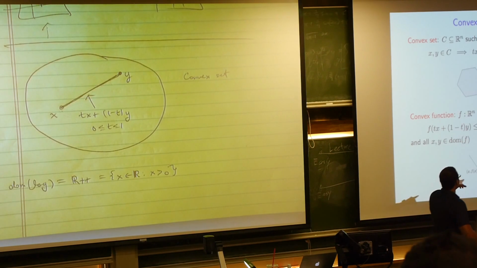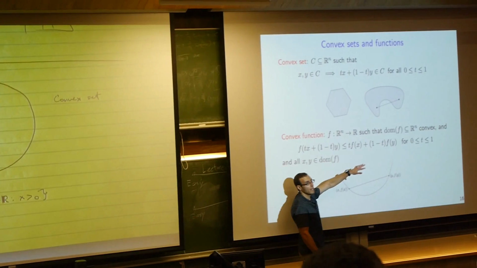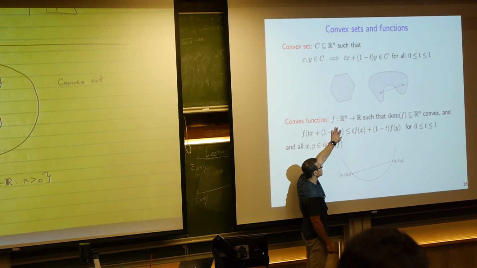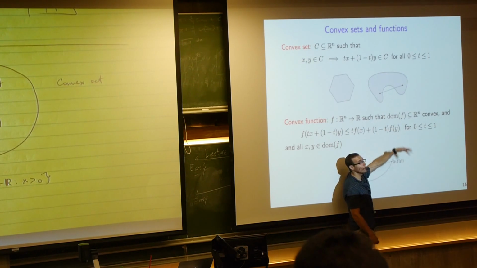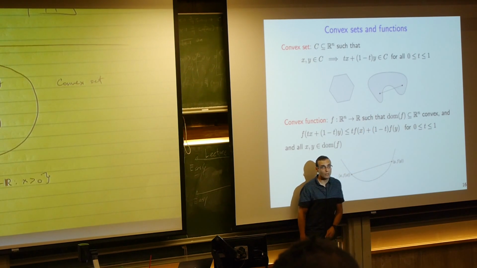So your function that lives on R^n, n-dimensional Euclidean space, could also have a domain that's not all of R^n. For a convex function, we require the domain, which is a set in R^n, to itself be convex. So it must satisfy that definition up there. And it must have the following property.